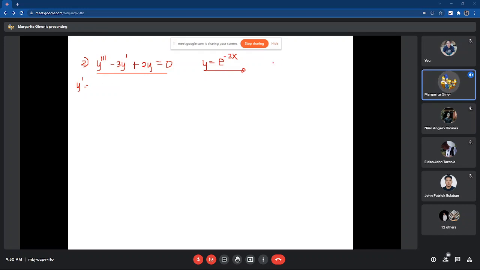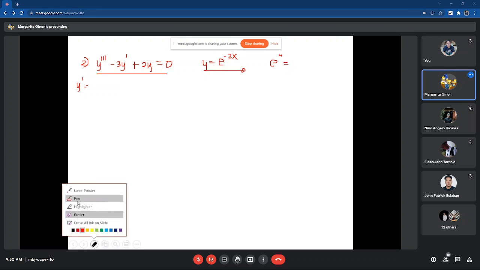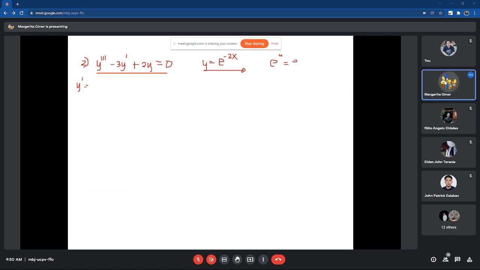This is e raised to u, the derivative is equals to e raised to u times du. Meaning, you just copy your u, then solve the derivative of u, which is du.